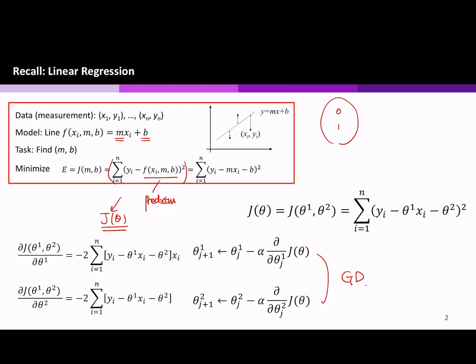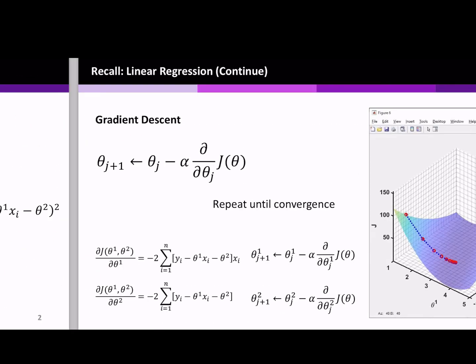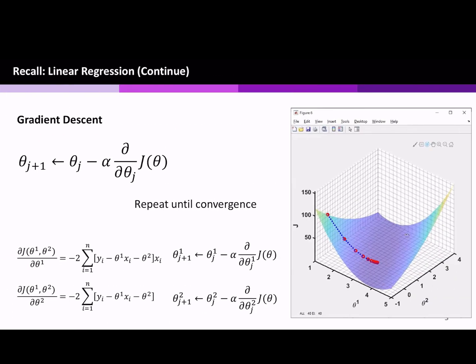So how to use the gradient descent? You're going to find the partial derivative of the cost function, right? So here's the gradient descent. We start from the initial value, when theta is equal to theta 0, and then we compute the gradient vector and update the theta.